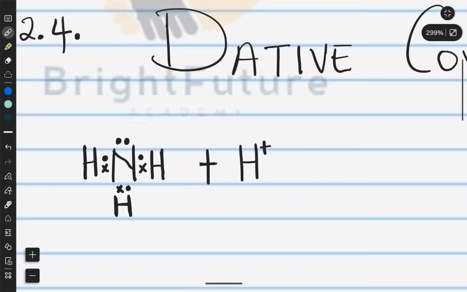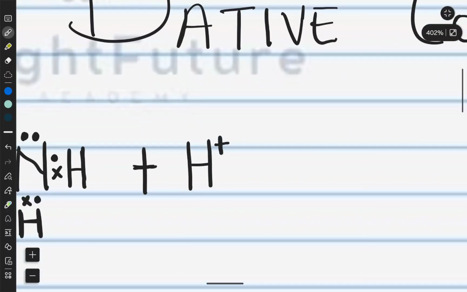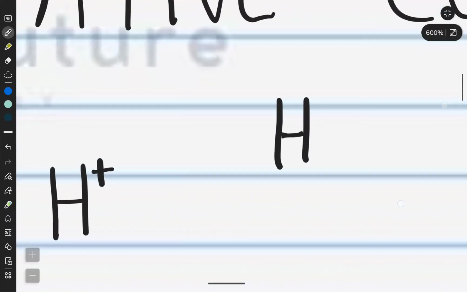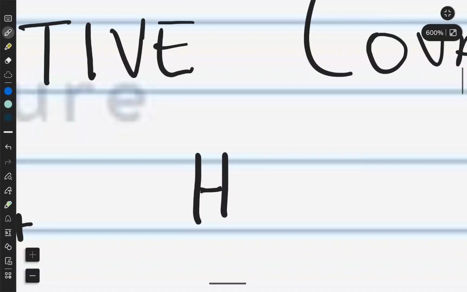In normal circumstances, H needs 1 electron to fill its valence shell, so it would need only 1.